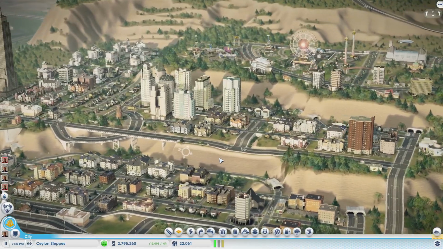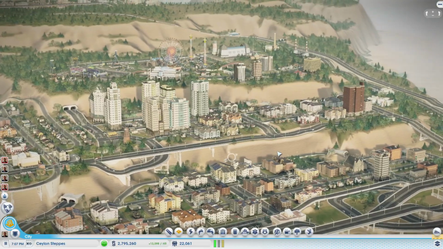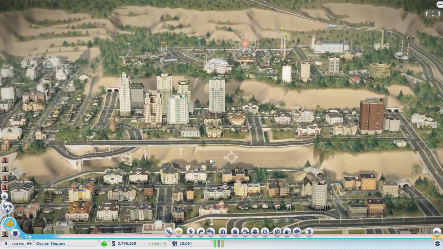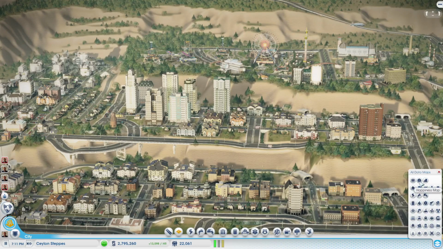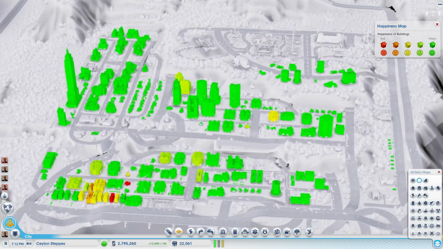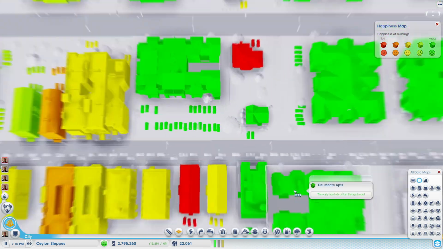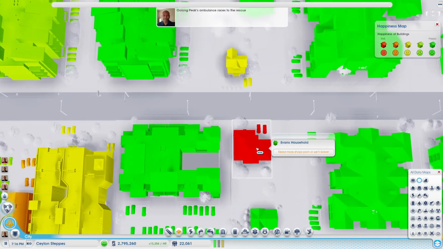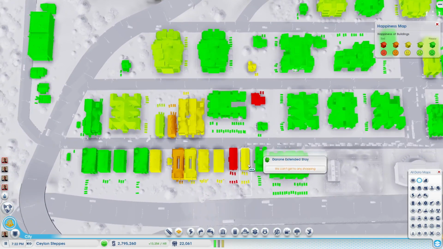We've been so focused on Maxis Man and crime, and then we did start out the episode talking about education, but how is the rest of the city doing? Let's just get a quick overview. We've got some red. Why are you guys red? Need more shops.